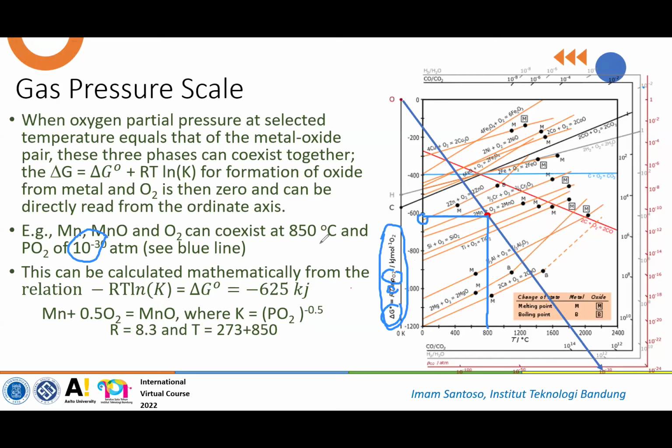It means if you have a container at this temperature, and inside the container there is oxygen, and the oxygen is really small, 10 to the minus 30 atmosphere, and inside the container there is Mn, the Mn automatically will be in equilibrium with MnO and oxygen, although the oxygen is really, really small.